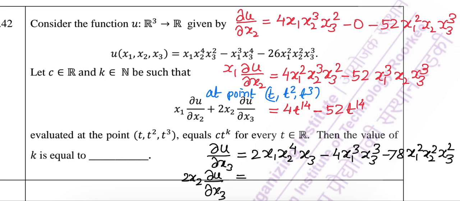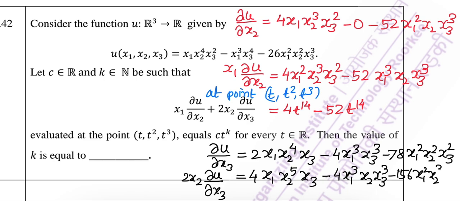So this will be 4 x1 x2 to the power 5 x3 minus 4 x1 to the power 3 x2 x3 to the power 3. Thereafter 78 into 2, this will be 156 x1 square x2 cube x3 square.